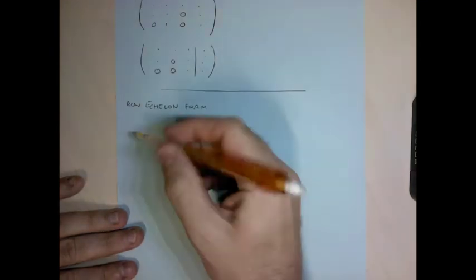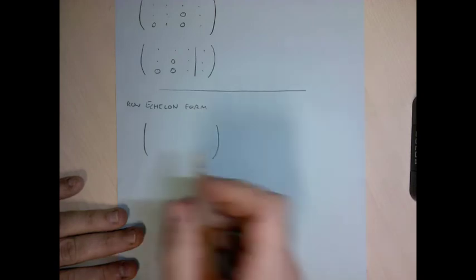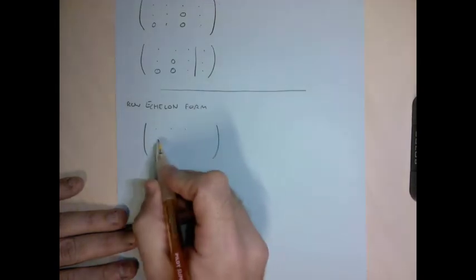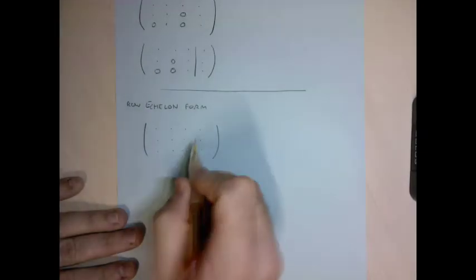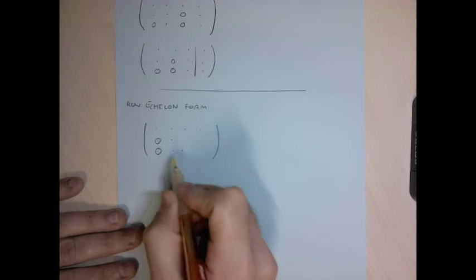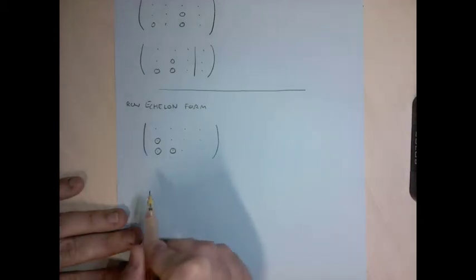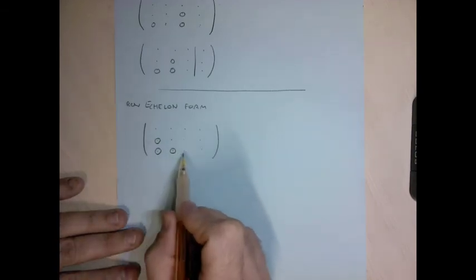For a 3 by 3 system of equations, echelon form would be whereby you have the zeros in a triangular arrangement there. And there's actually a function on your calculator that will take a matrix and put it into echelon form for you.